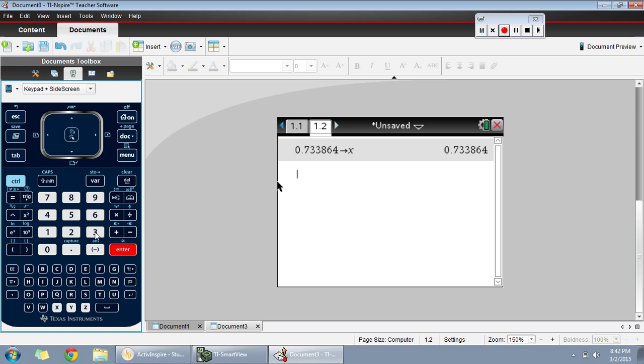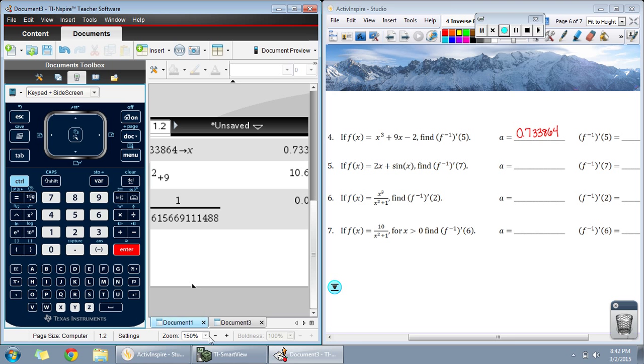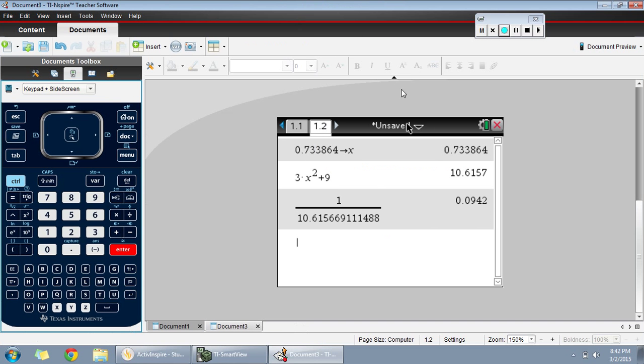And then we're going to plug in 3x squared plus 9, get that, and then we want 1 divided by our answer. So our final answer for this problem is going to be 0.094.